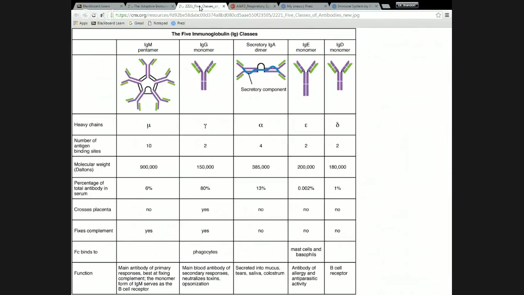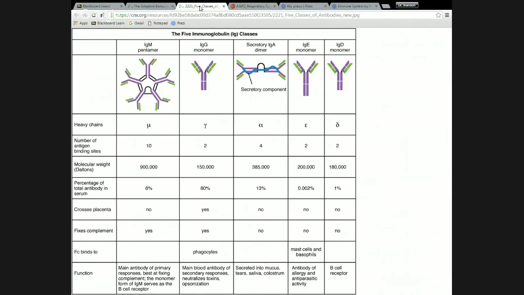So it gets most of the antibodies from its mother through the placental transfer, which is IgGs. The next most common type of antibody, 13% according to this table, is the IgA.